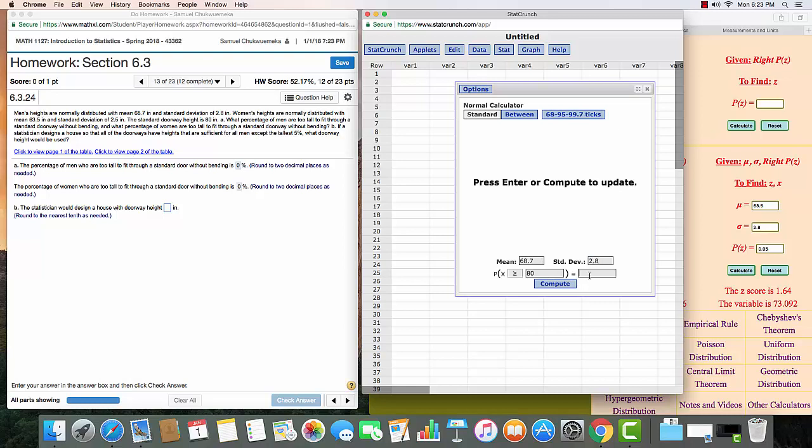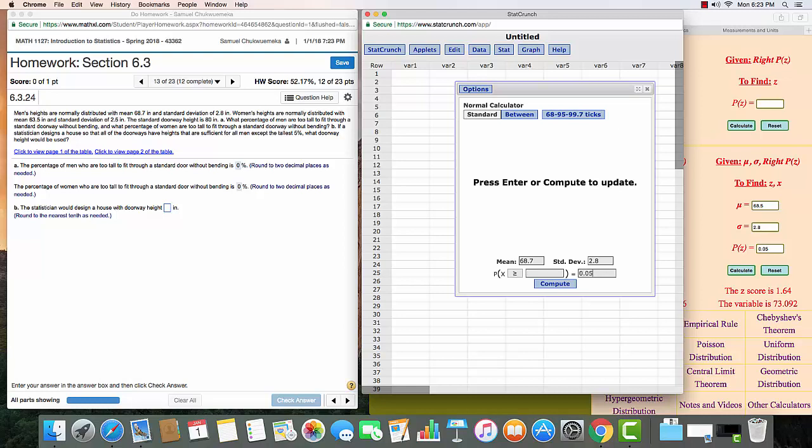And the statistician wants to design it so that, what was the statistician doing with the design? Wouldn't it be an engineer? That's fine anyway. So to exclude the tallest 5%, we make sure this is greater than or equal to, and you just put 0.05 here.